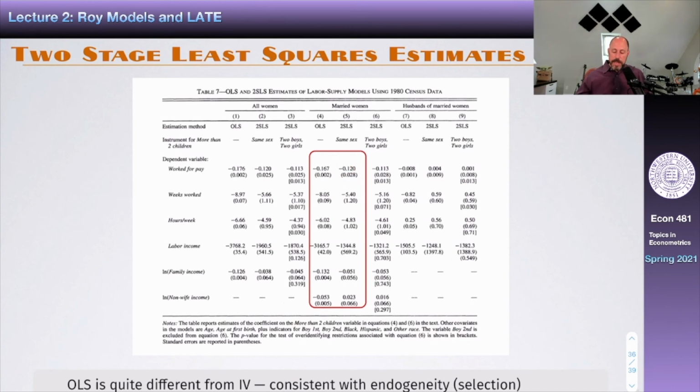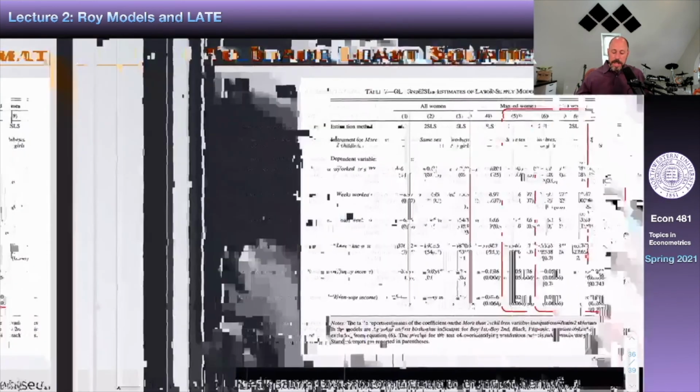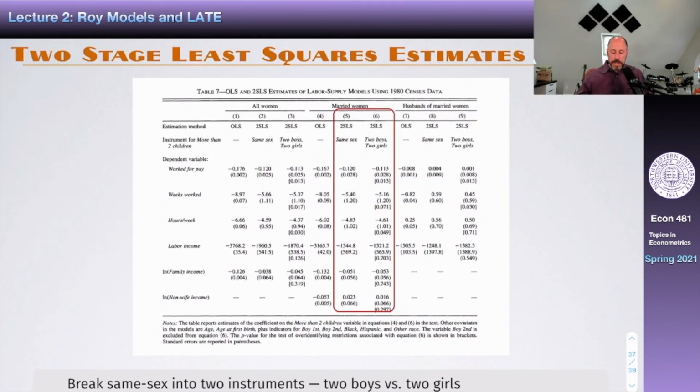And then going back, okay, here, back to the question that I was asked before, you have two separate instruments, okay? Instead of same sex, you have 2 boys, 2 girls, okay? And here, there's an over-identification test. Again, mechanically, you're just doing two-stage least squares. Of course, you can do the over-identification test. The part that, to me, again, is funny is, what's the interpretation of this in this case?